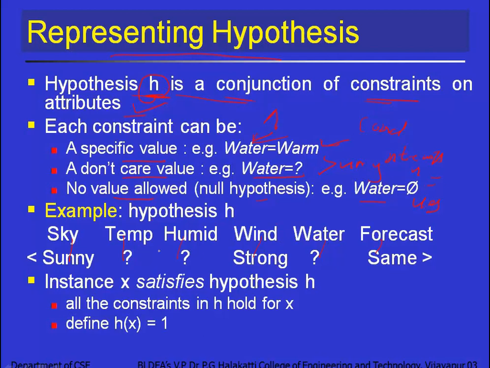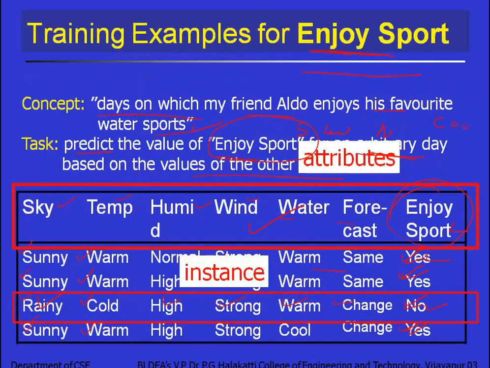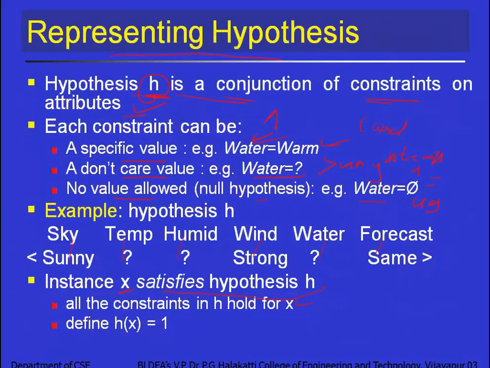Now see, the instance X satisfies the hypothesis H if all the constraints in H hold for X, and we define H of X equal to 1. It means that if you take any instance, going to the previous slide, see, this is an instance. If you consider the hypothesis, this one, sky equal to sunny.